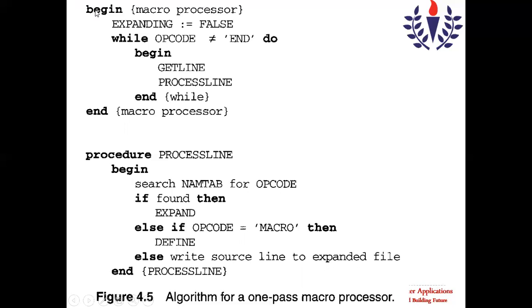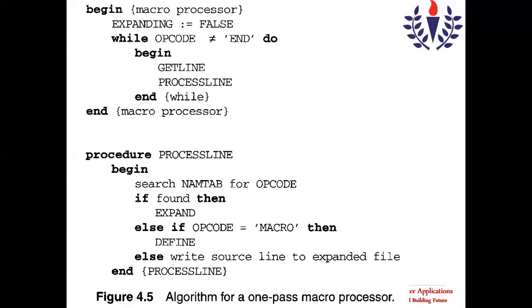First, begin. We are going to begin with the macro processor. In that, first we are setting expanding is false. At the start, there is no expanding of macro, so expanding is false. Then we will run a loop till our opcode reaches end, means we are not reaching the end of our program.